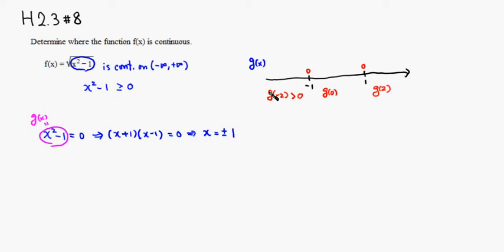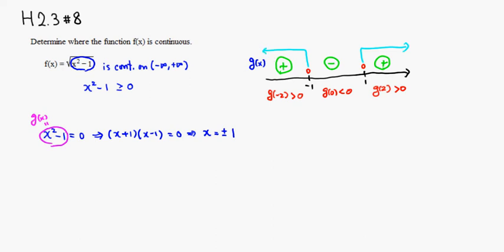And if you put 0, 0 squared minus 1 is negative. And if you put 2, that's positive. So you can see that we're going to have a positive sign here, a negative sign there, and a positive sign there. But what we want to do is make sure that this is non-negative. So we need to pick this guy right here, and also that guy right there.